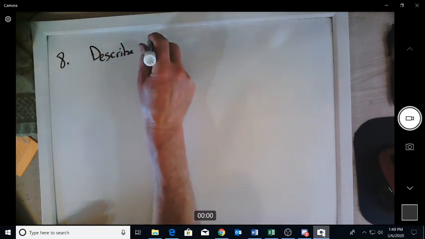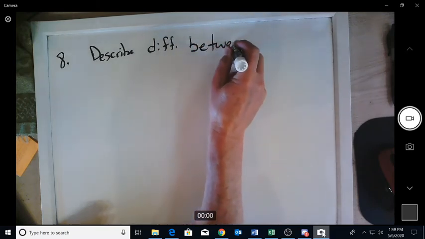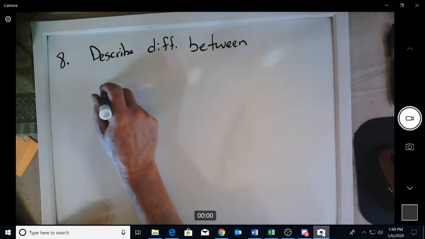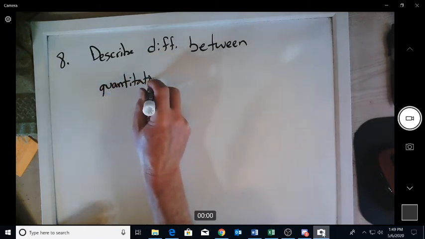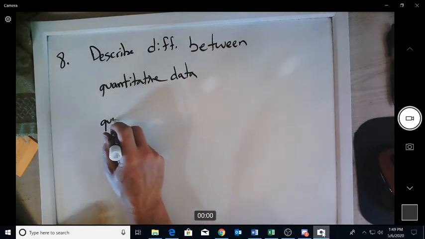Describe the difference between quantitative data and qualitative data.